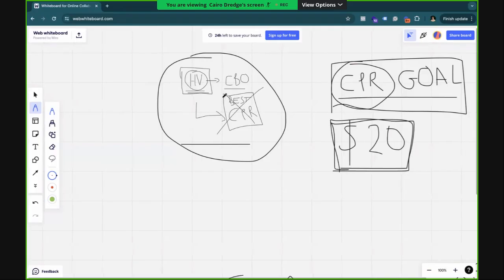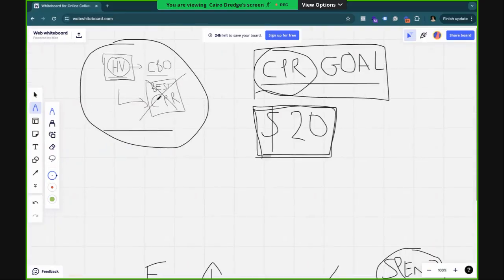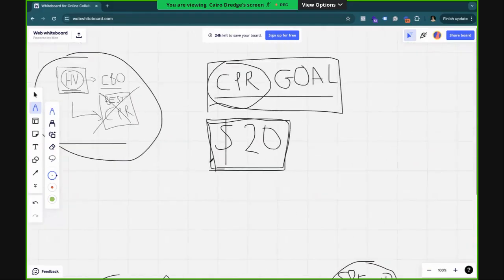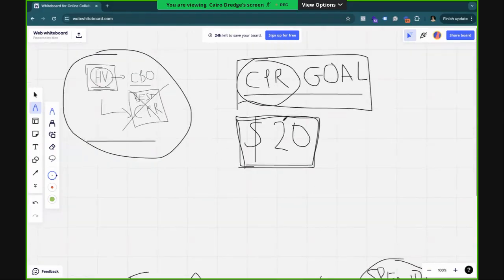Okay, and therefore it could be good to have the highest volume strategy. However, we could also put that to CPR goal being more profitable in the meantime, in the interim, in the short term. So CPR goals can, in theory, reduce your cost per result.